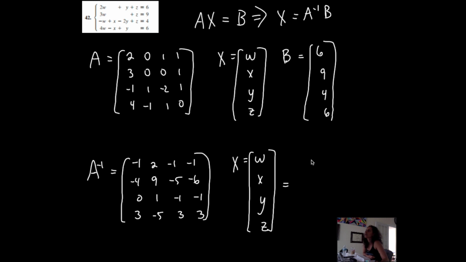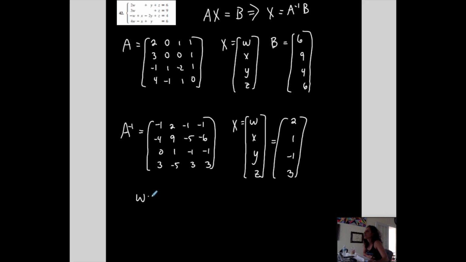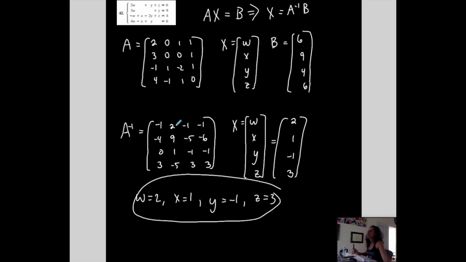So going down, I got 2, 1, negative 1, and 3. So therefore, my solution: W is equal to 2, X is equal to 1, Y is equal to negative 1, and Z is equal to 3. Okay, this is my solution.